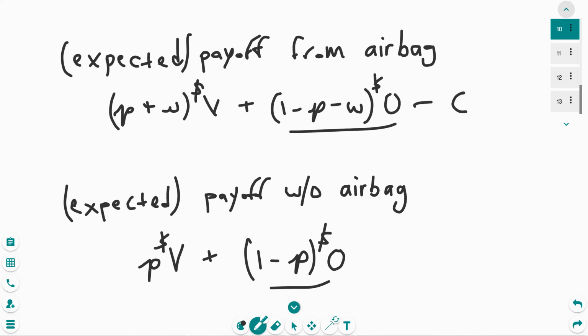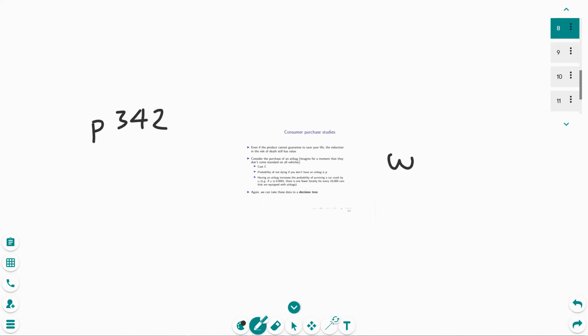The way you can interpret this omega, we can actually look back here at this slide. If you look closely at this text right here, this omega represents the lower fatality rate that you have from having the airbag. So let's say if omega was 0.0001, that would indicate that there's one fewer fatality among all the 10,000 cars that are equipped with airbags.